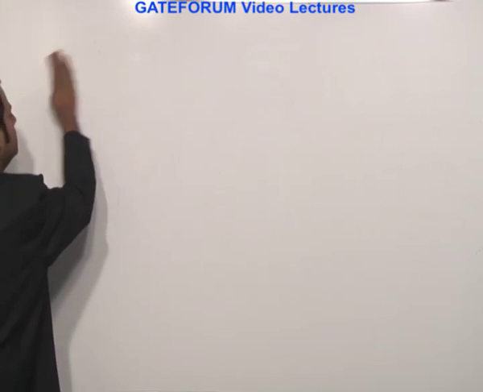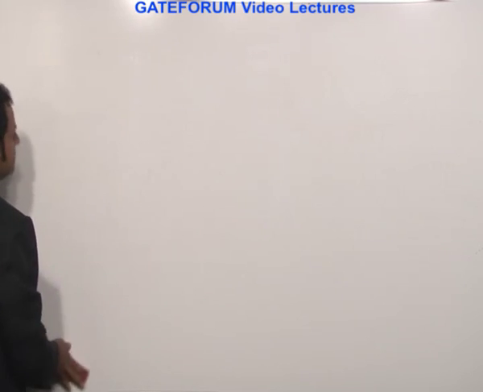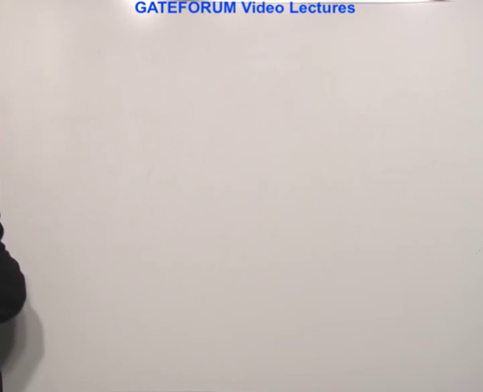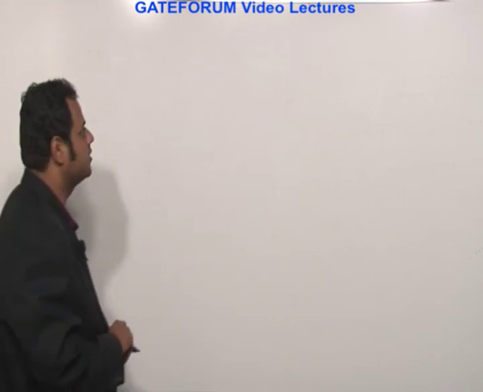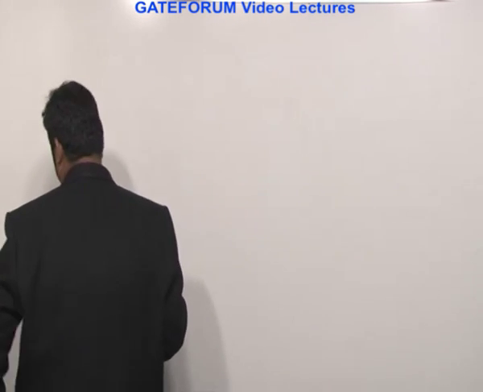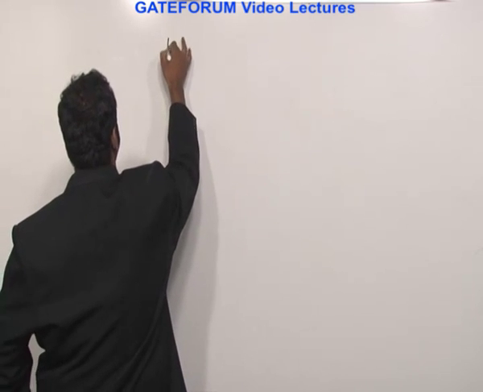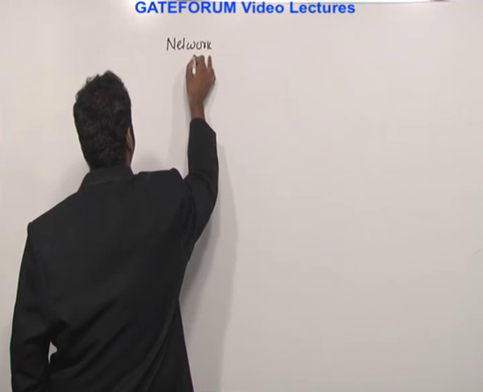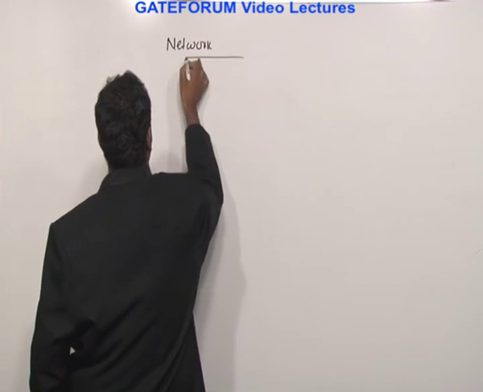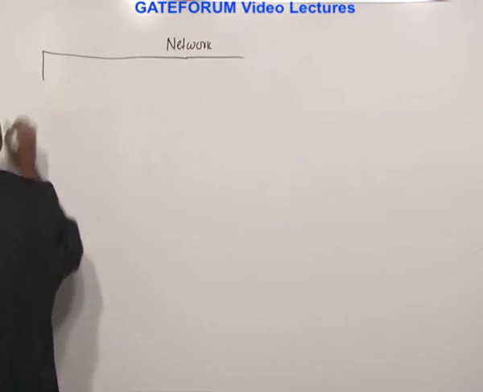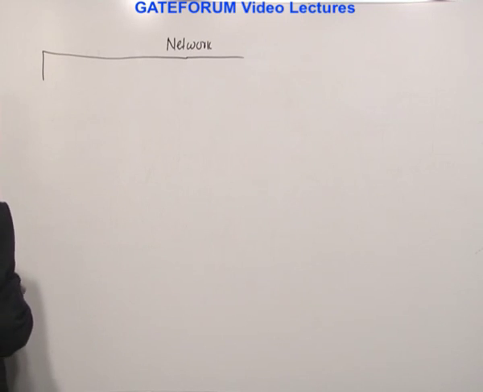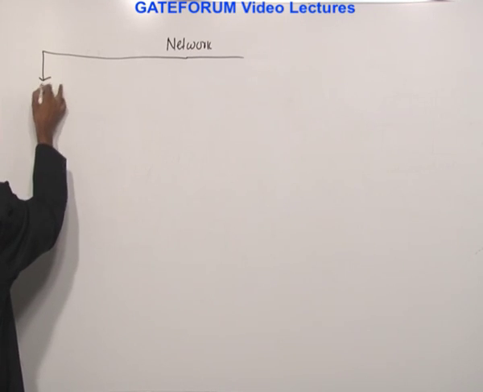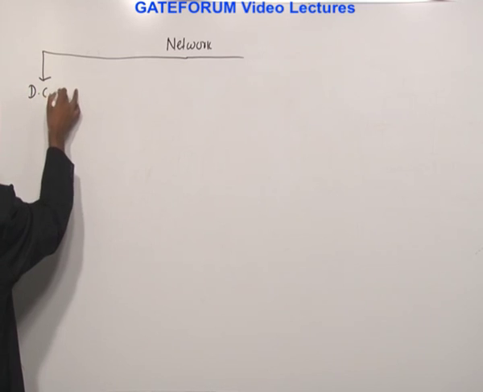Okay, so let's see the syllabus and the sequence in which we are going to learn the topics. So take down. There are three parts I am dividing this into.